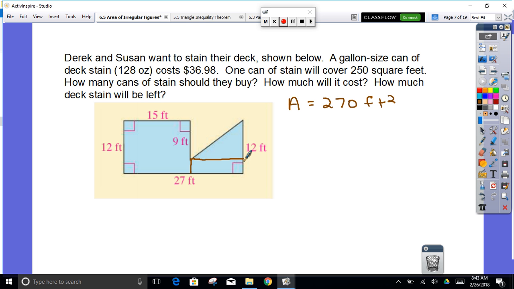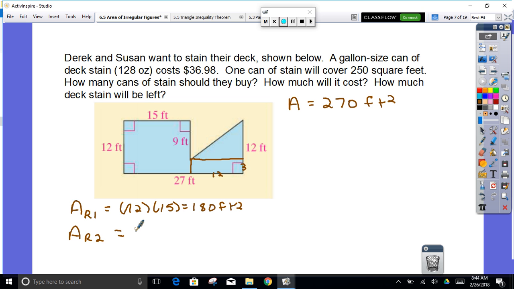All right, Violet. So the area of the first rectangle was what? 180. Okay, so 12 times 15 gives us 180 square feet. Okay, let's do the area of the second rectangle. What was the base of the second rectangle? 12. And what was its height? 3.